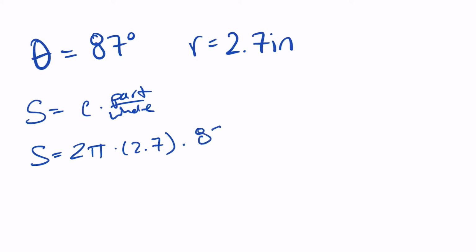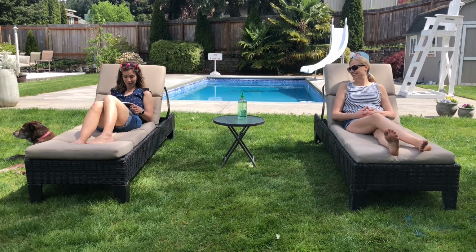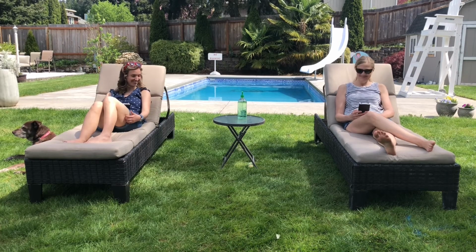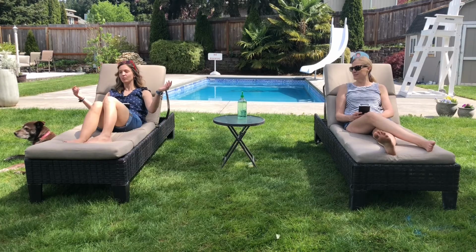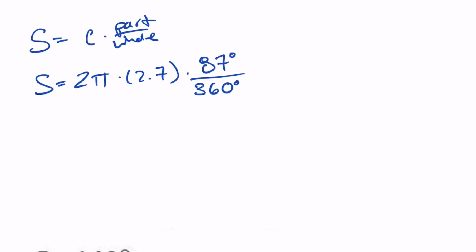Part of the angle that I have is 87 degrees, divided by the whole circle would be 360 degrees. Ugh, I totally see why you gave this one to me. I know. Do you want to borrow my calculator? I'm going to make you plug it in. S equals 2 times pi times real pi, times 2.7.